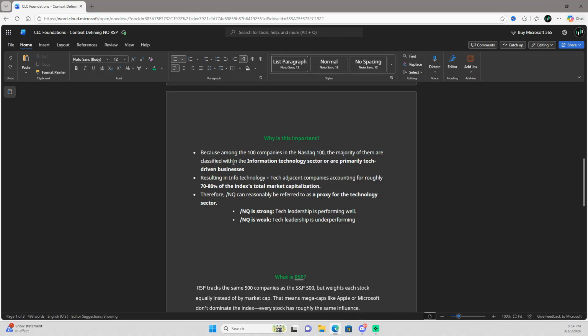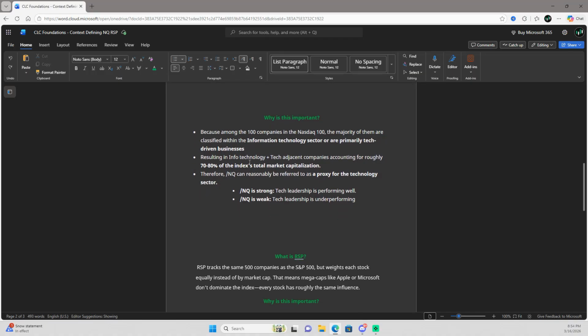With advances and revolutionary technologies that come out, Tesla is going to be using those, and therefore their company is going to be largely driven and influenced by tech. So the info tech sector, plus tech-adjacent companies like Tesla, for example, account for roughly 70 to 80% of the NASDAQ's total market cap.